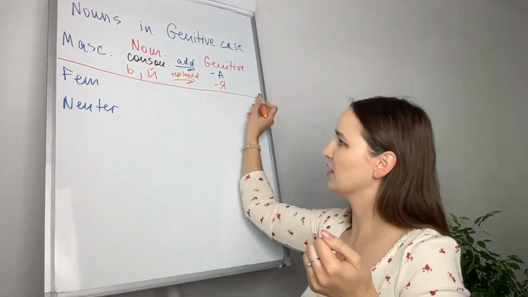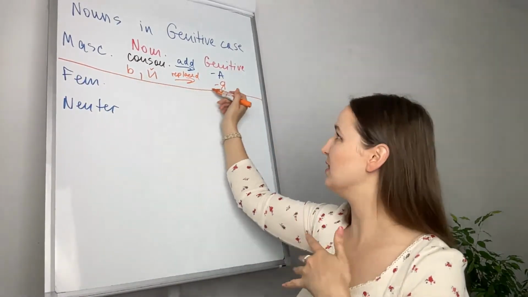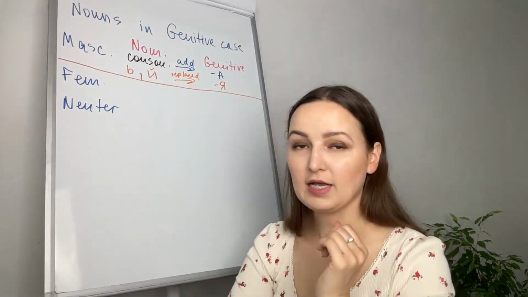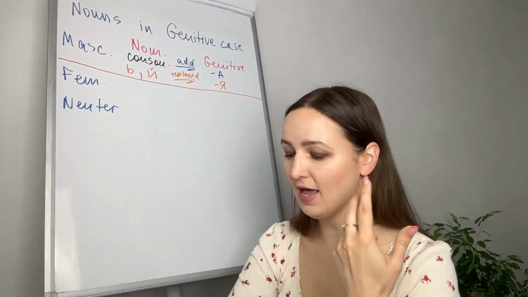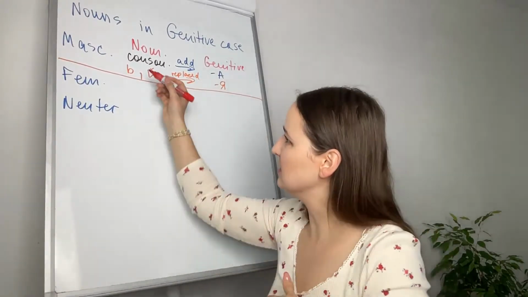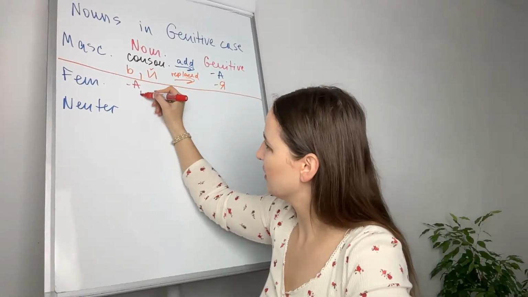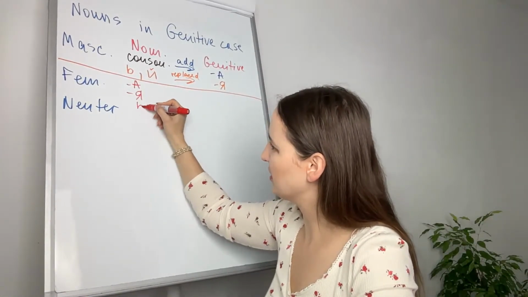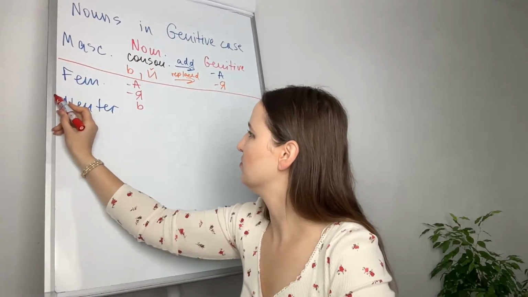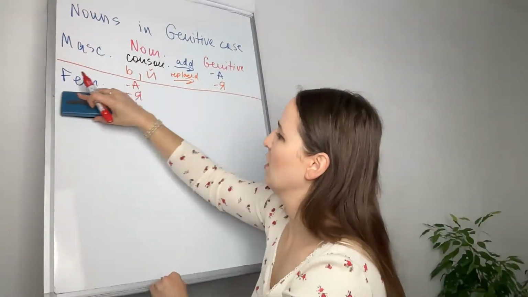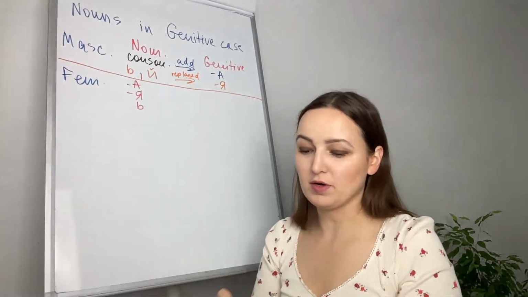Feminine nouns that are feminine. What will happen with them in genitive case? Feminine nouns can end in a, ya, or мягкий знак. Let's begin with a. Neuter.